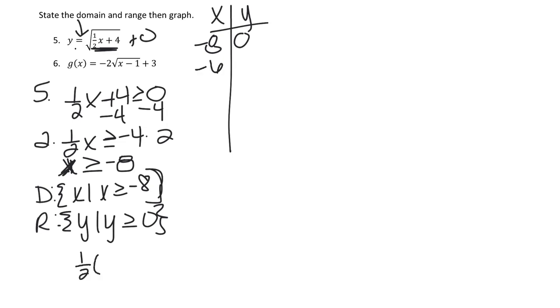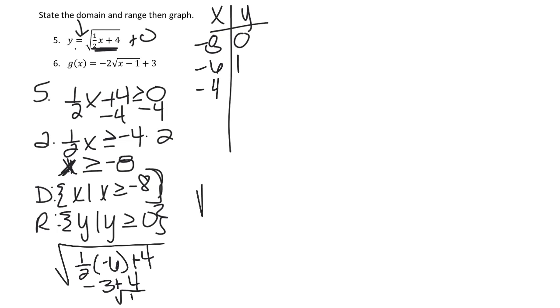When I do 1/2 times negative 6 plus 4, the square root of that, that's negative 3 plus 4 is the square root of 1, which is 1. Okay, that works out nicely for me. We'll try negative 4. The square root of 1/2 times negative 4 plus 4. That's going to give me negative 2 plus 4, the square root of 2.